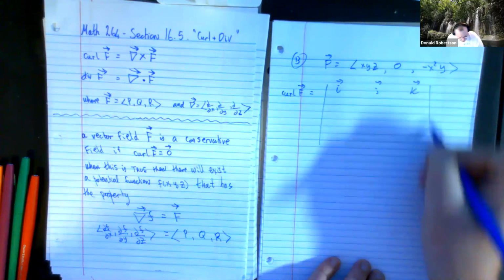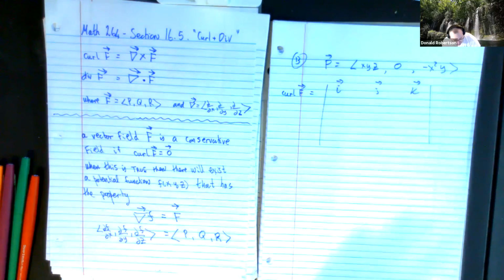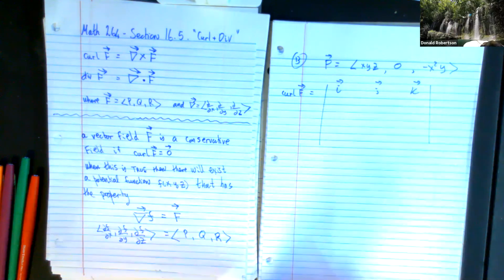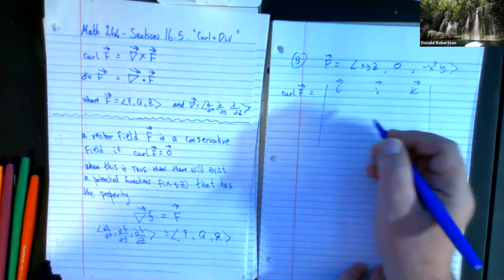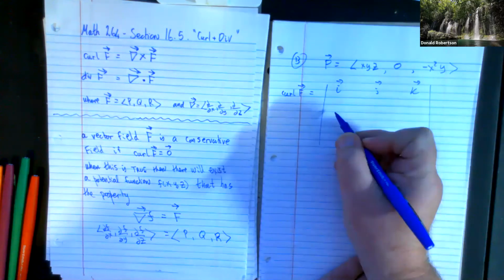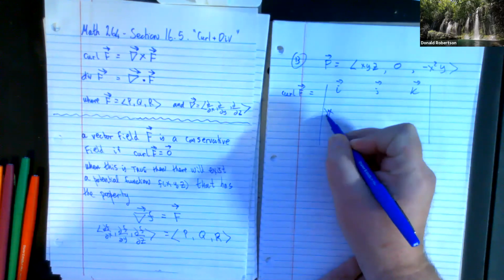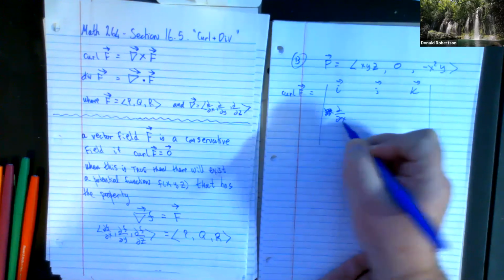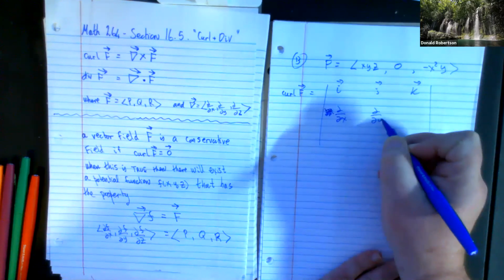I think part of the confusion is that when you do a two-dimensional curl, that is a two-dimensional vector field, an F that only lives in 2 dimensions, the i and j don't really matter. Anyway, let's put this back in. You have this, this, and this.